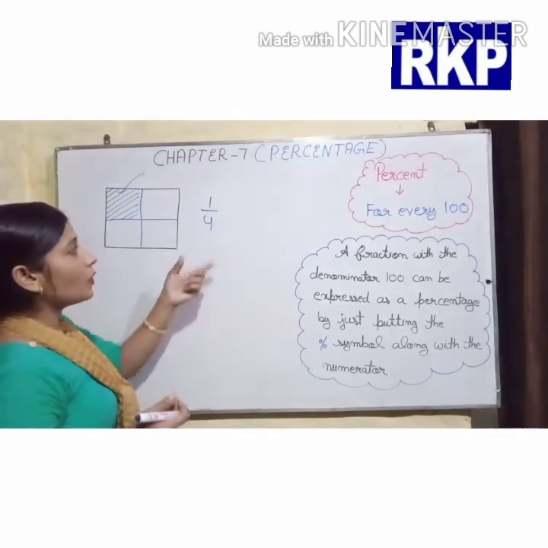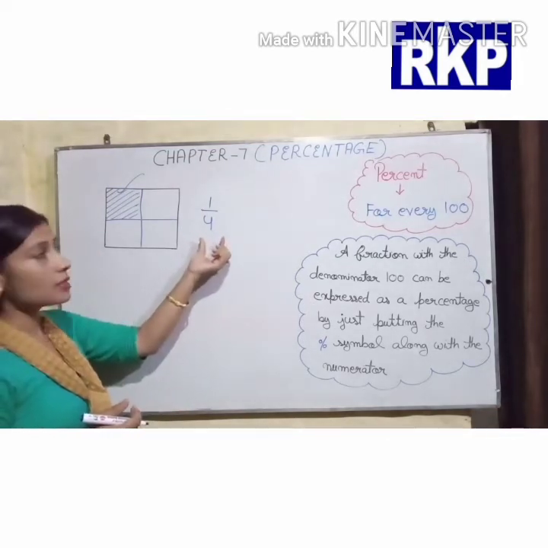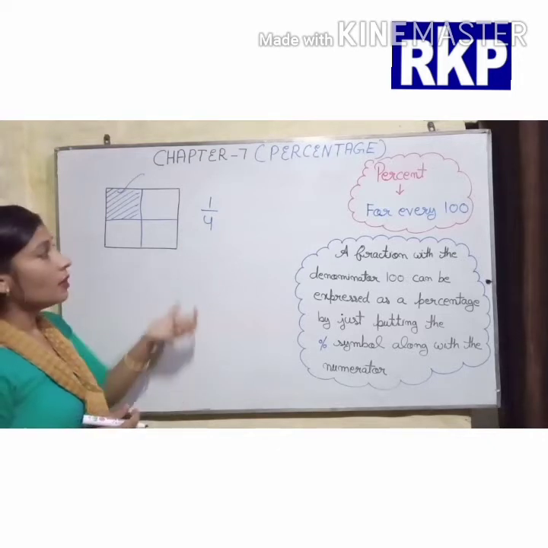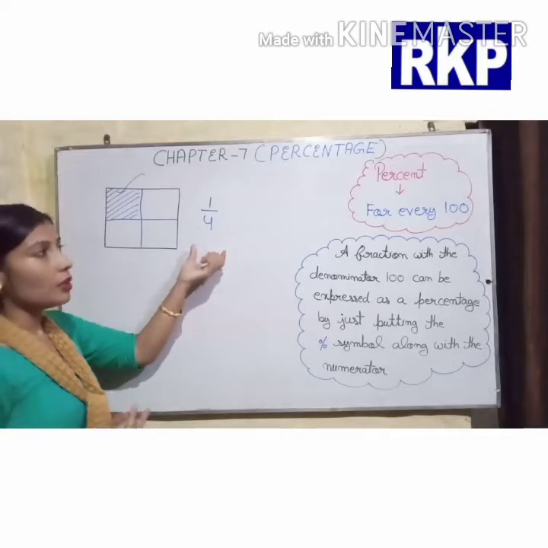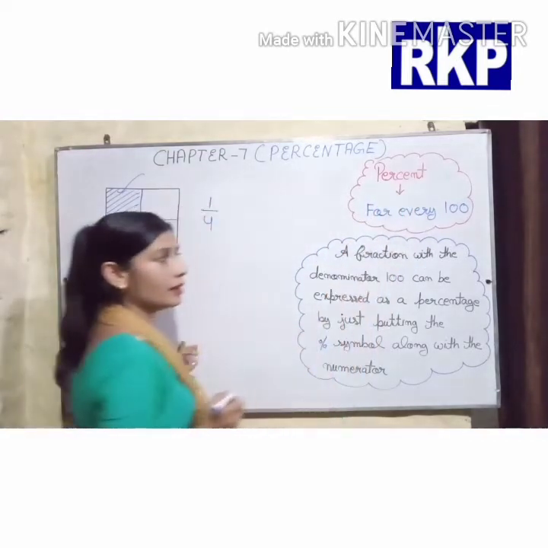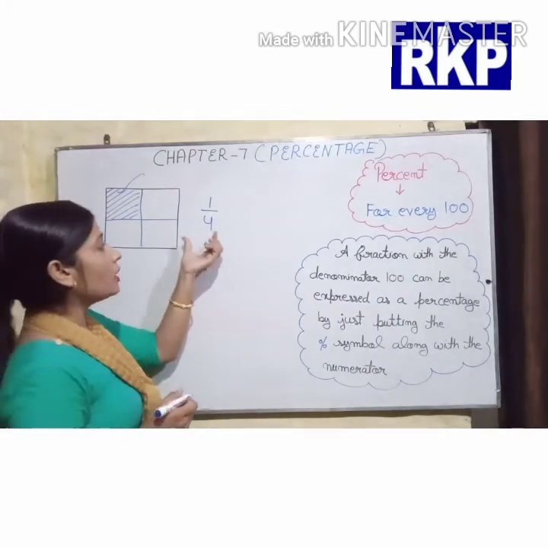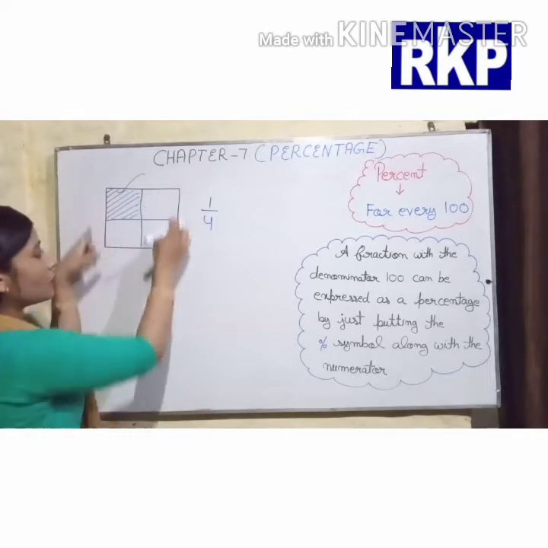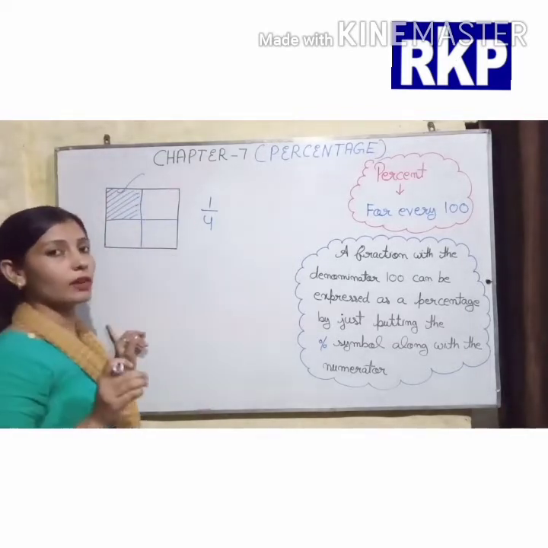Now beta, if you want to write the percentage for this fraction, how can we write it? You know, percent means for every 100. So to write the percentage for this, we need to divide this chocolate into 100 equal parts.